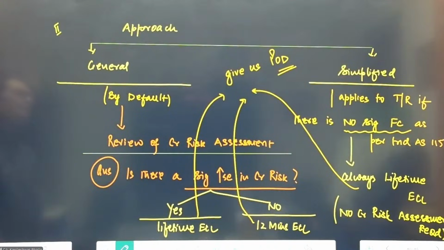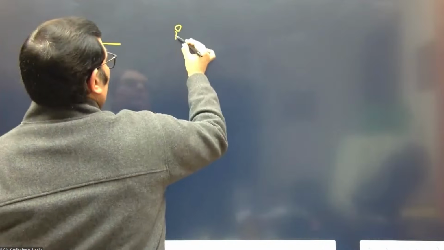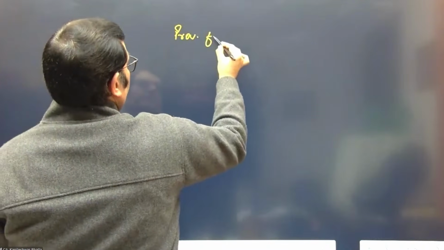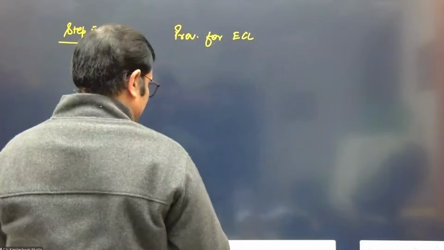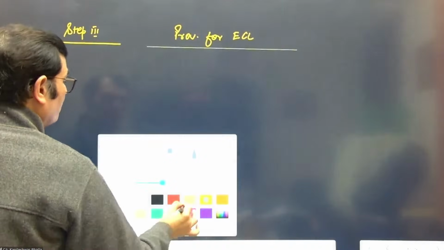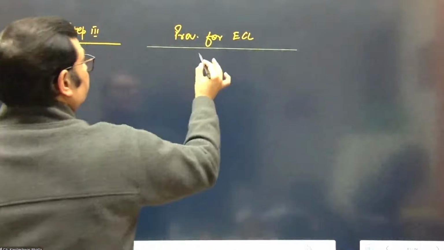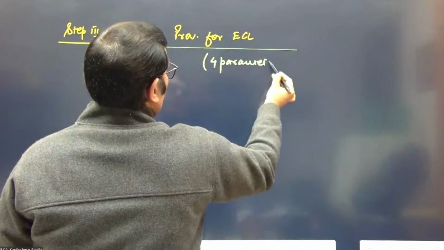And finally, we apply step number 3 and we create a provision for expected credit loss. This is done on the basis of 4 parameters.